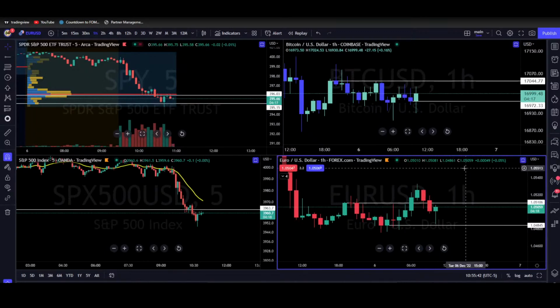You've got to take it as a systematic approach. Every single trade you take has to be consistent. It has to be consistent in the way you apply it, in the way you look for it, and in the way you take profits. It has to be consistent across the board.